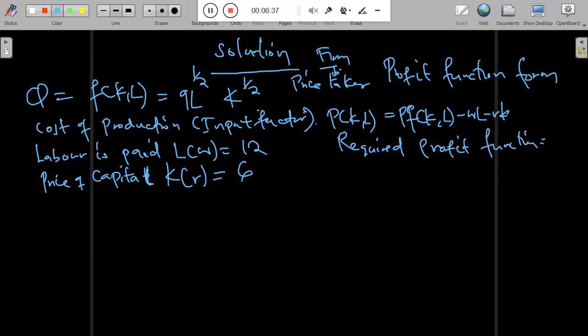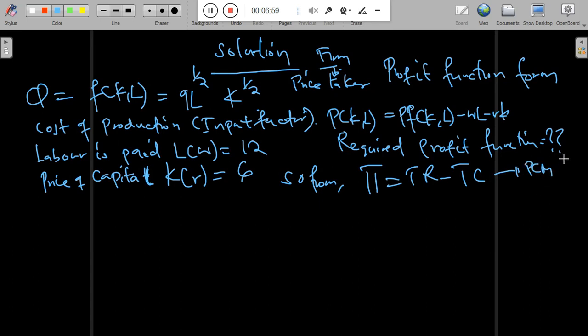So you are required to calculate the profit function, that is total revenue minus total cost. So total revenue is price times quantity, minus the total cost.